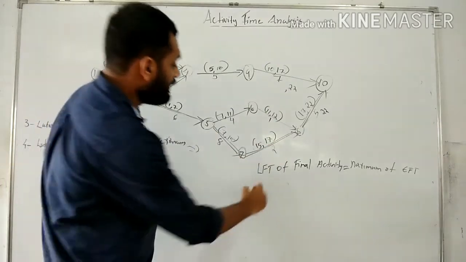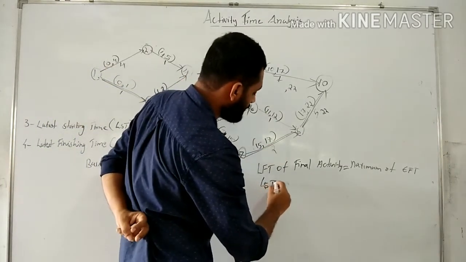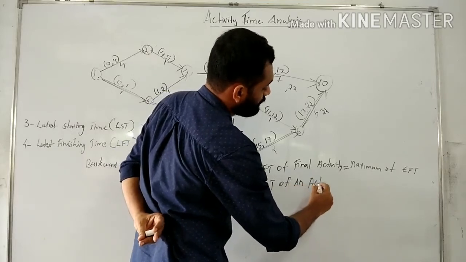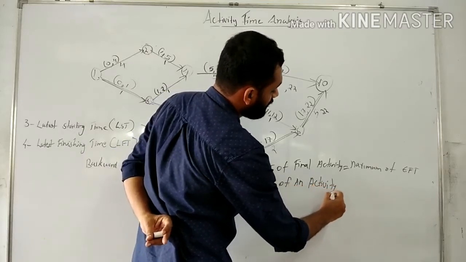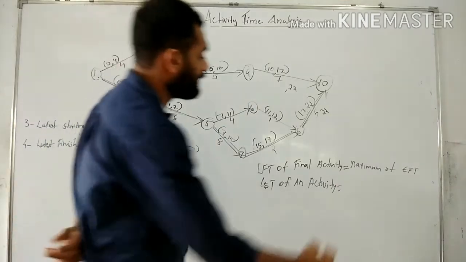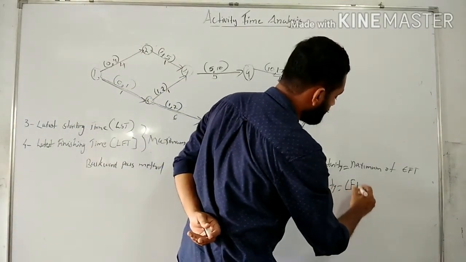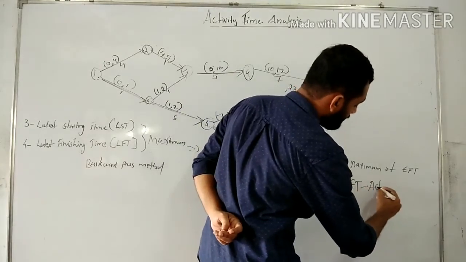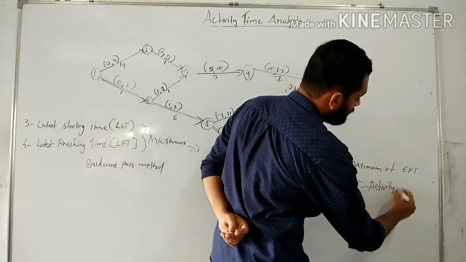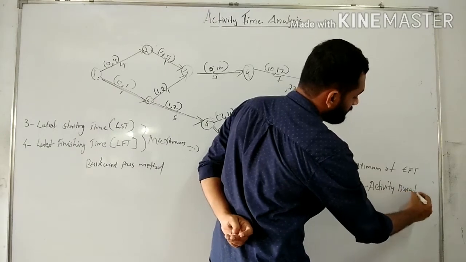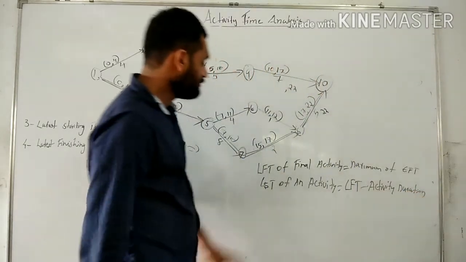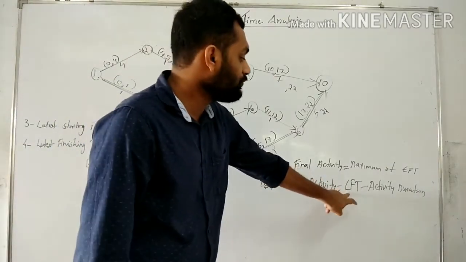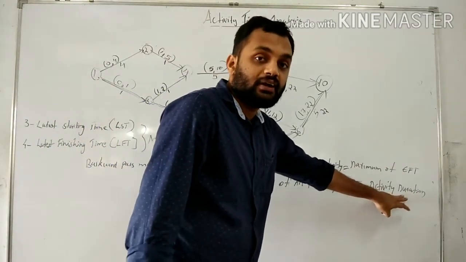The LST of an activity is equal to the LFT minus the activity duration. ഒരു ആക്ടിവിറ്റിയുടെ LST എന്ന് പറയുന്നത് LFT യിൽ നിന്ന് ആക്ടിവിറ്റി ഡ്യൂറേഷൻ മൈനസ് ചെയ്യുന്നതാണ്.